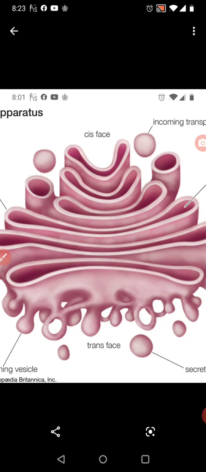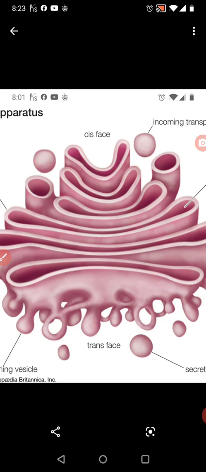Now children, whenever the rough endoplasmic reticulum synthesizes protein, this protein is covered in a vesicle, and then it passes through the Golgi apparatus via the cisternae, and then it goes to the trans face. After coming to the trans face, wherever the cell needs this protein, it goes to that particular area.